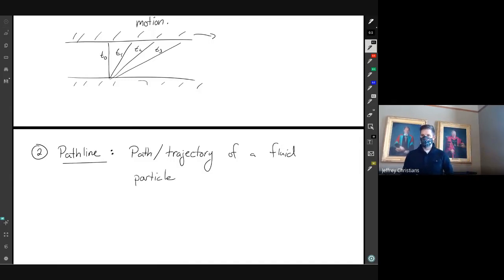Okay. Say we tracked an individual piece of fluid and watched where that went. We kind of did that with the chalk dust in the little swirly picture that you just did. Those were individual fluid particles. So if you took a long exposure image of one of those particles going around in a circle, that would be a path line. You're watching a long exposure of where one thing goes.